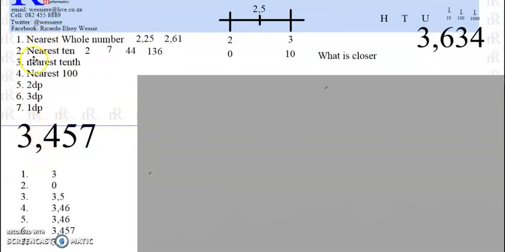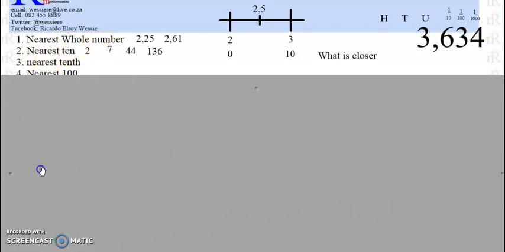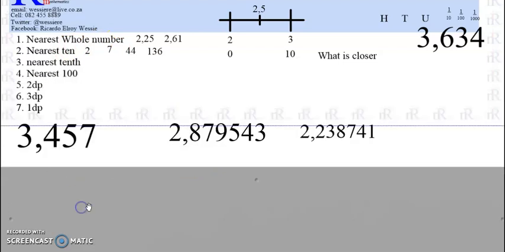So let's look at the first number. 3,457 must be rounded to the nearest whole number. So when I round it to the nearest whole number, I look at the next number, it's a 4, so that one remains the same. I must round it to the nearest 10. 3 is closer to 0 than what it is to 10.